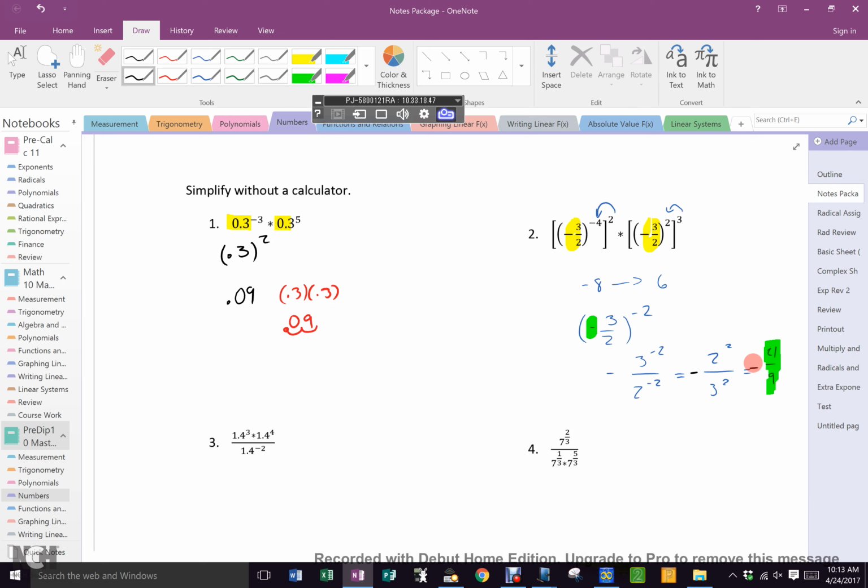Okay. So now think about what you know about exponents. What is negative 2 squared? Negative 4. What is negative 2 squared? Positive 4. Why? Because the negative squares, right? So in this question, I had negative 3 halves to the negative 2, yes?